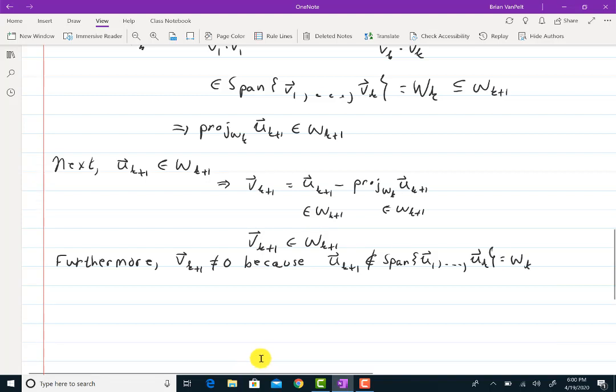Remember, this is the definition of w sub k. U sub k plus 1 was another basis vector that we added to make a larger basis.